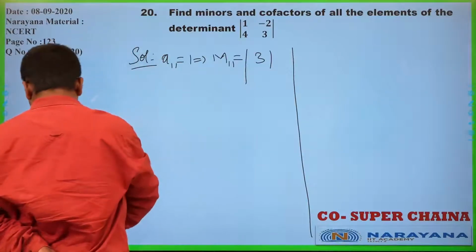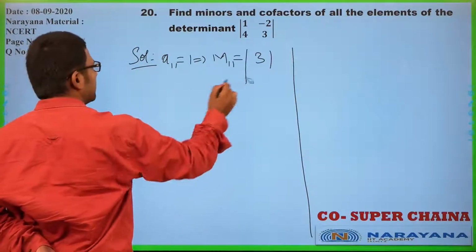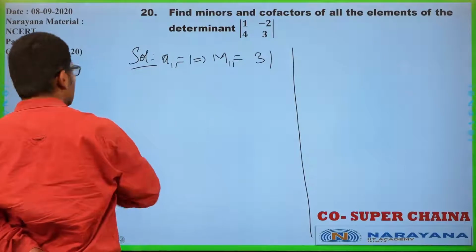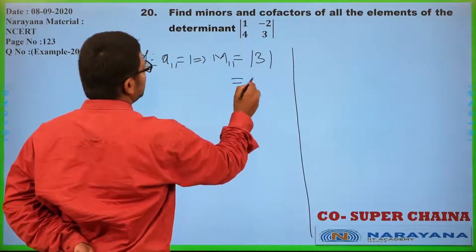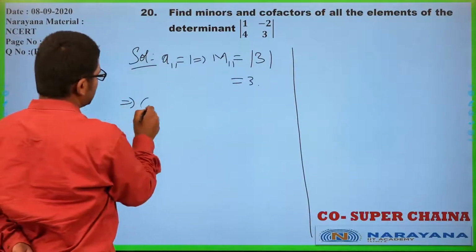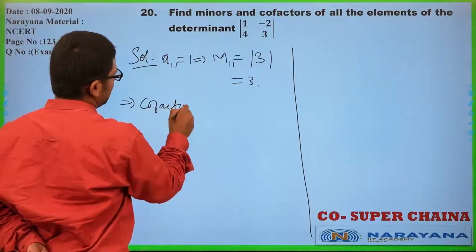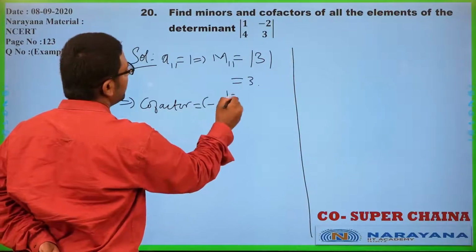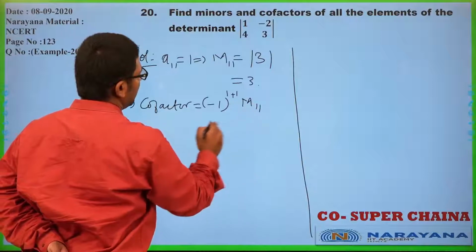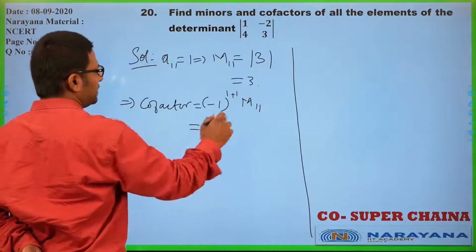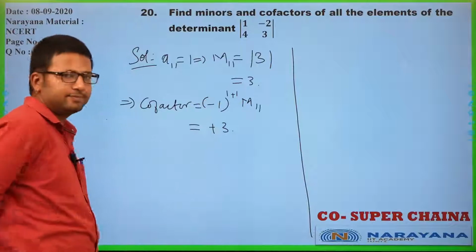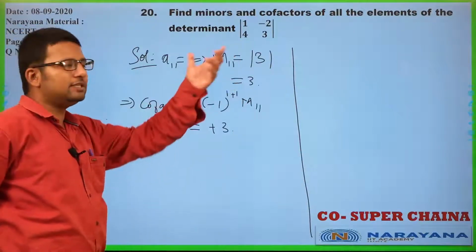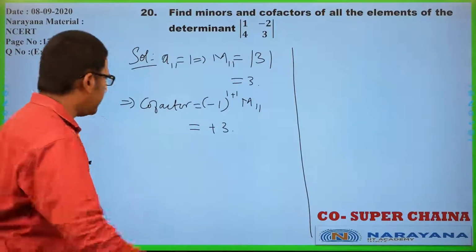That is all that you are left with. So this is 3 only, right? Which means cofactor is minus 1 raised to 1 plus 1 M11, which is plus 3. Correct? For a 2 by 2 matrix, this is actually fairly straightforward.